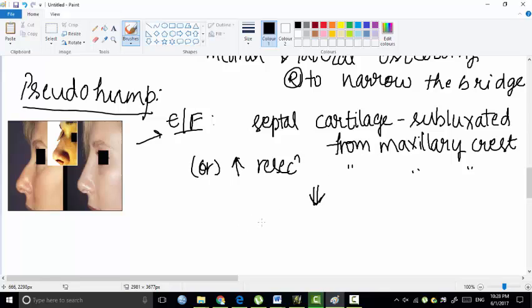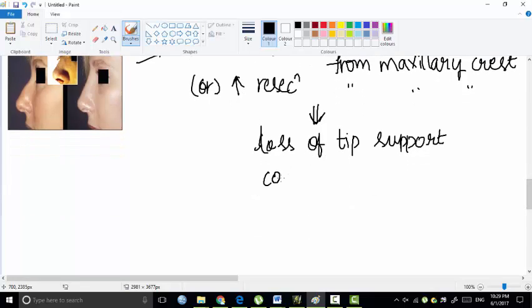Both of these lead to loss of tip support. You know, our nose tip needs some support. So this support which the nose tip needs was lost, right, due to the subluxation of the cartilage. This loss of tip support causes columellar retraction.